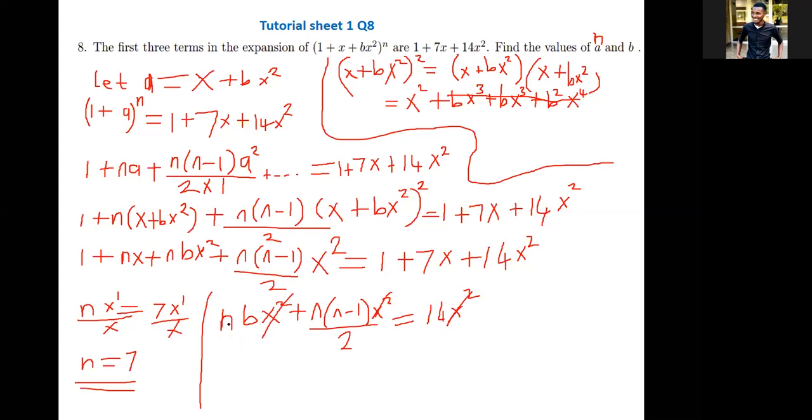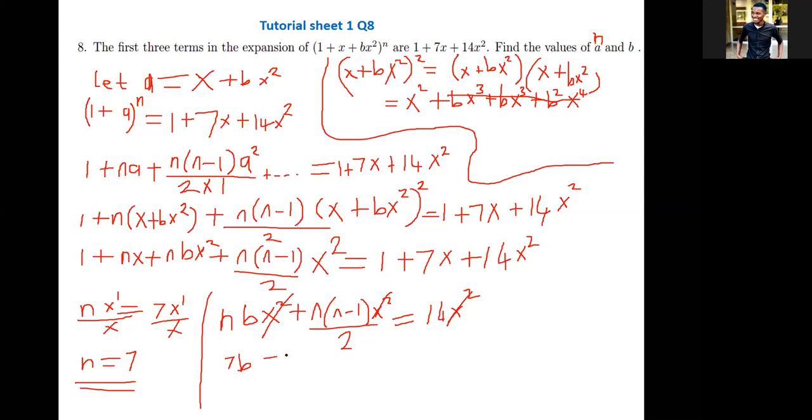So what I'm going to remain with is this nb this side, and then this side we're going to remain with n minus 1 over 2. Then this side we're going to remain with 14. So where there is n, we've already found that n is equal to 7. So where there is n, I'm going to be putting 7.